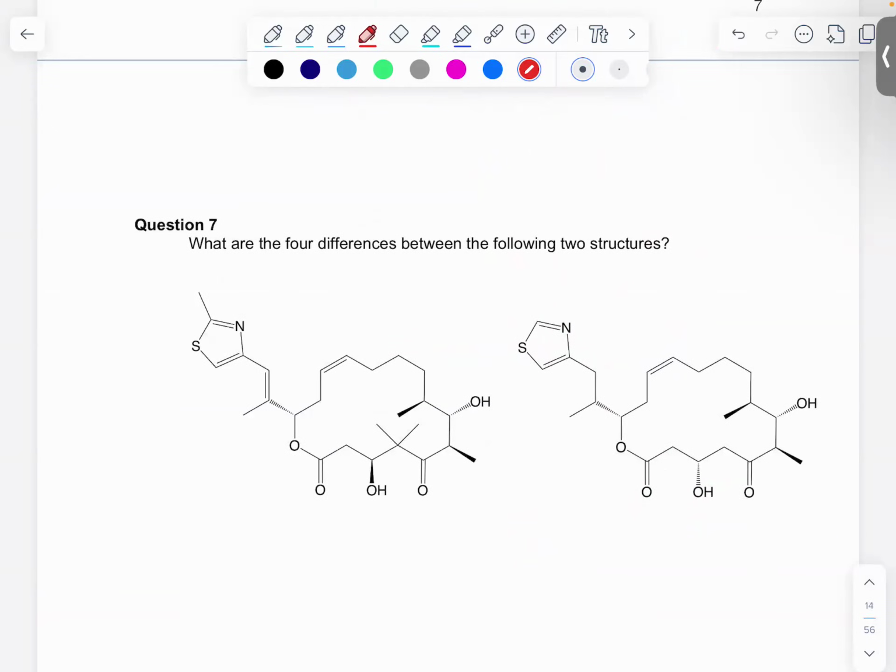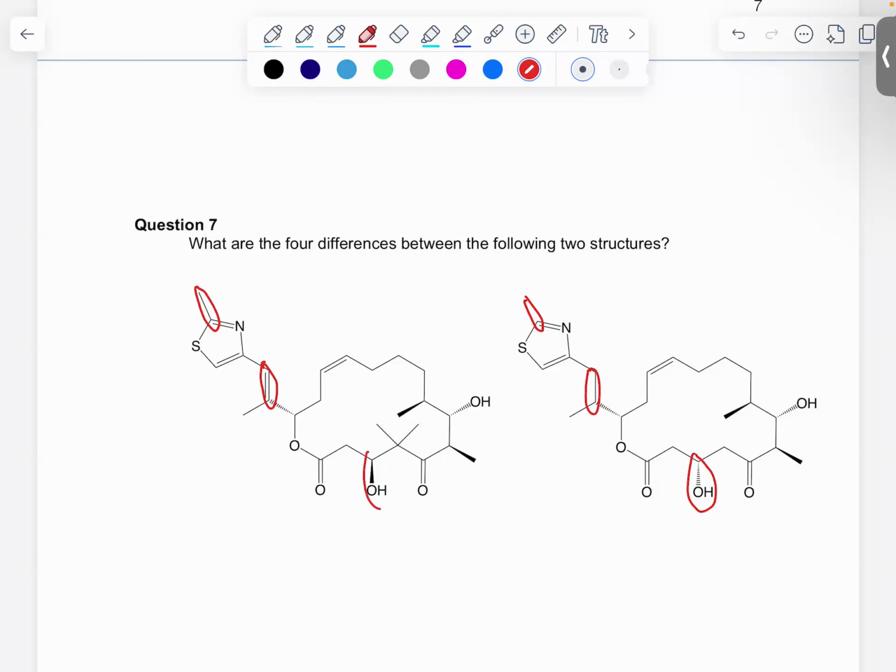And so, there you go. Next, we are doing a little bit of spot the difference between these two structures. The first one that I see is that this methyl group is no longer here. And then we can kind of just trace down the molecule, comparing the two, and we'll see that this double bond is missing in the other structure.